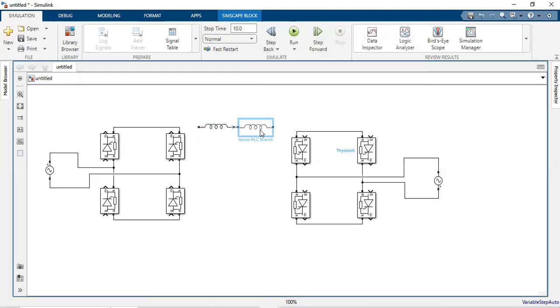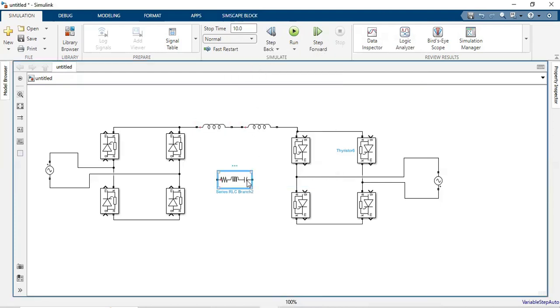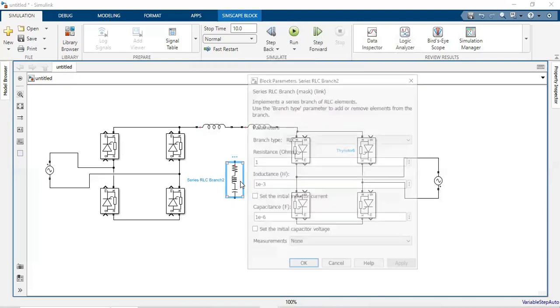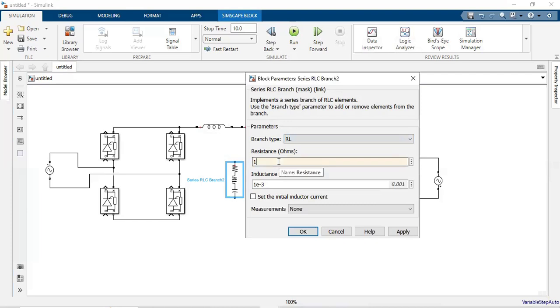So this side also we need to have two equal reactors, and we need to connect the load between the midpoint of the two reactors. Let us have the RL load. So again, let us type RLC series branch and let us rotate the branch, and we need to have only RL. Let us take the resistance to be 10 ohms and the inductance to be 20 millihenry.